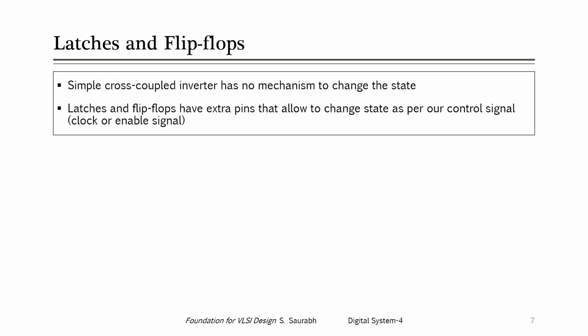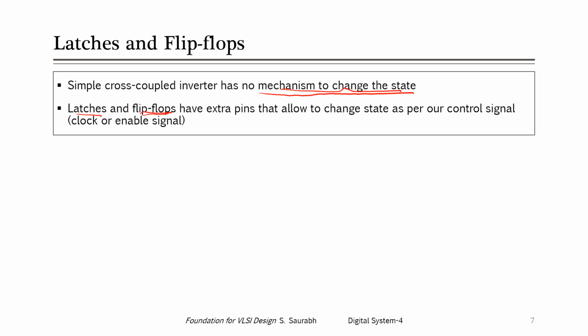The cross-coupled inverter pair has no mechanism to change the state as per our requirement, and therefore we use other types of memory elements, for example latches and flip-flops, which are the sequential circuit elements used as memories in VLSI designs.